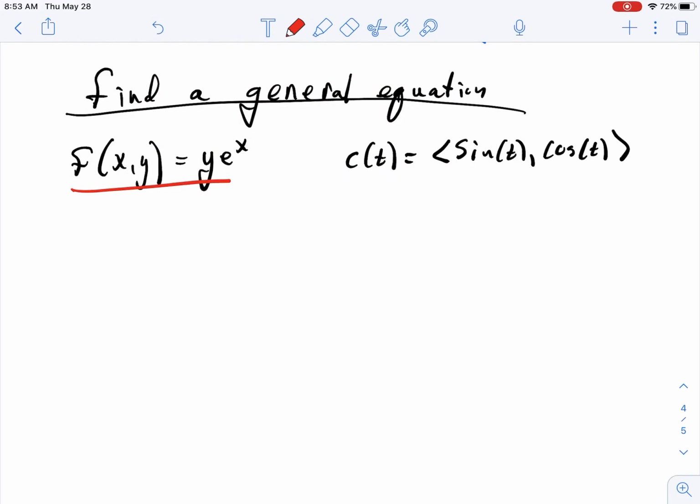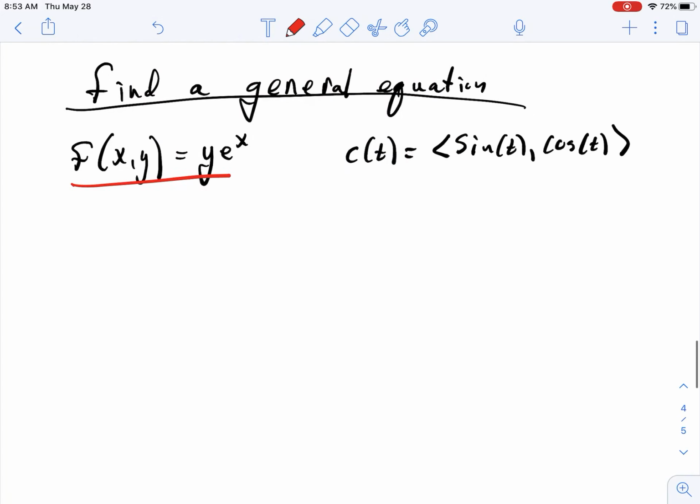Okay, so again, first thing, you got to find the gradient here. So you got to convert this function into a vector, which would be a velocity. So gradient of f of x, y. So the derivative of this would be y e to the x. And another one would be e to the x. Okay. But we're looking for a general term, not a value.